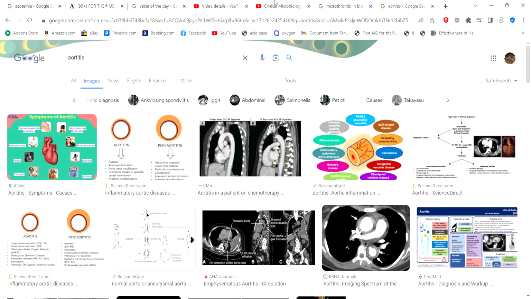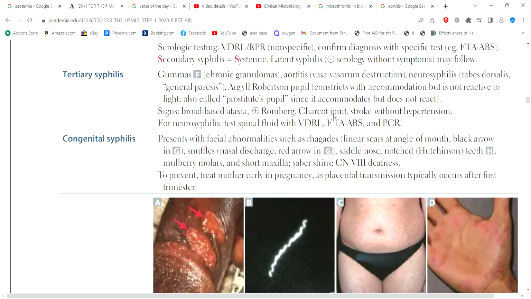So vascular destruction of the aorta, then neurosyphilis.